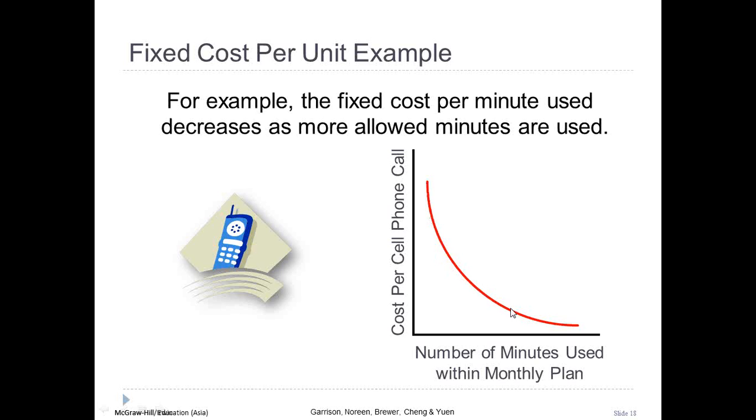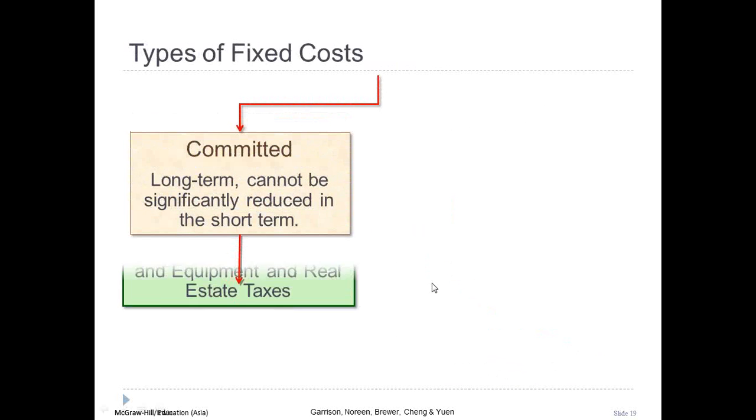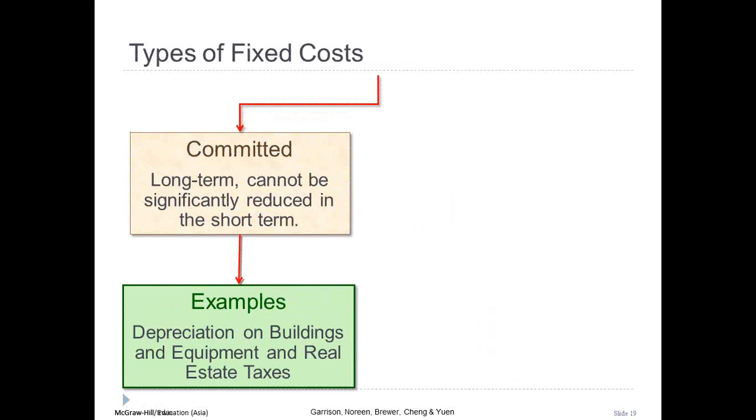But the more calls we make, the more minutes we use, the cost per minute will decrease. Classic case. Take it one extra step. If we create only one car, the fixed cost per car will be high. If we create 1 million cars, the fixed cost per car will be spread over 1 million cars. It would be less.